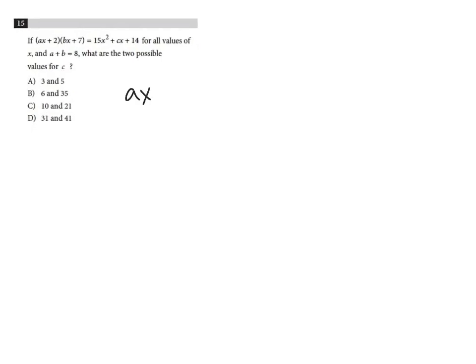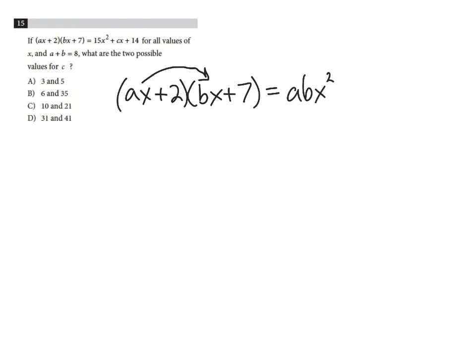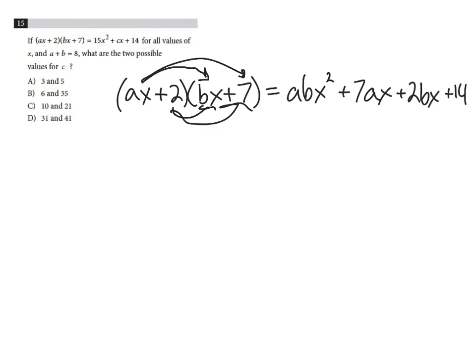If I have (ax plus 2) times (bx plus 7), and I expand that, I'll get ab x squared, and then plus 7ax, then plus 2bx, and then finally plus 14.